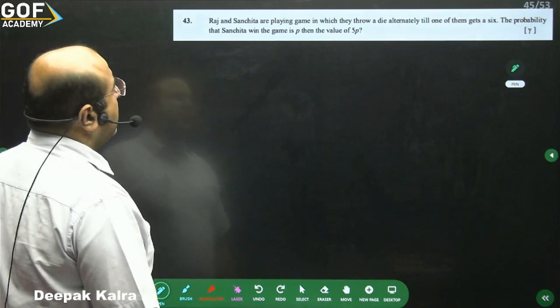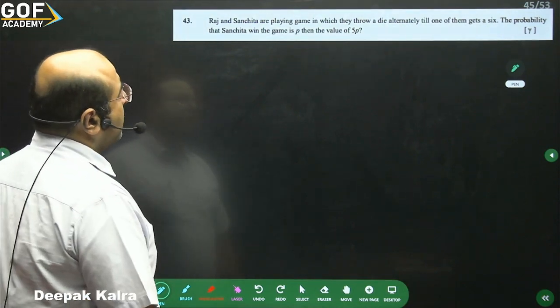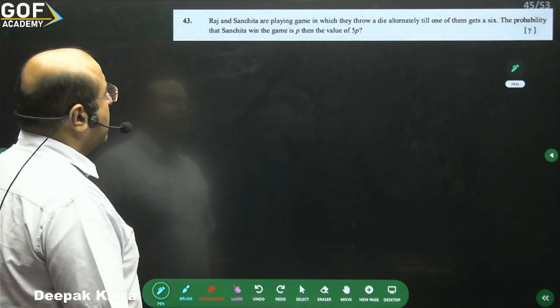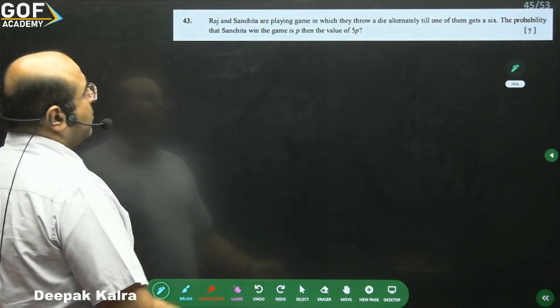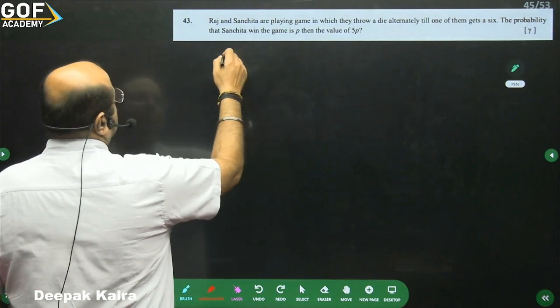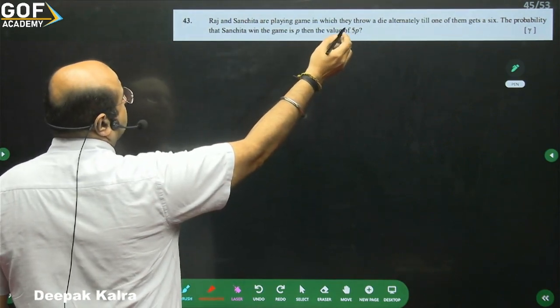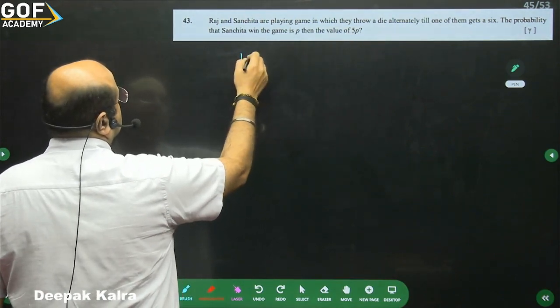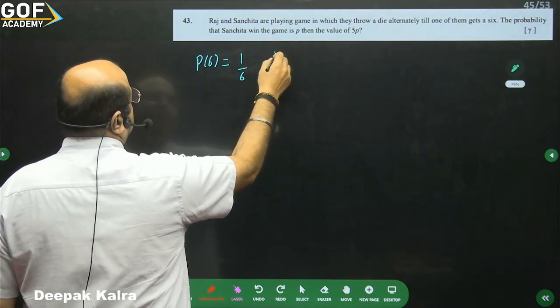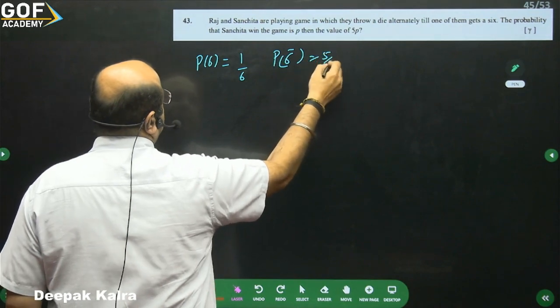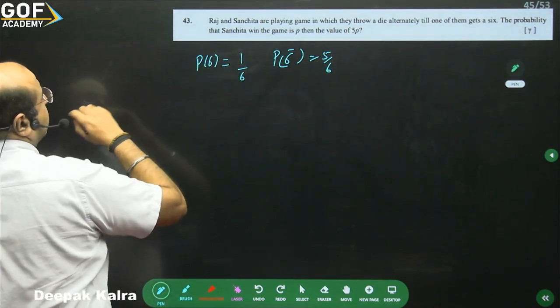They are playing a game in which they throw a die alternately till one of them gets 6. The probability that Sanchita wins the game is P. Okay, what happened? They are playing a game throwing a die alternately. Getting 6 is 1/6, not getting 6 is 5/6, right? I want Sanchita to win the game.